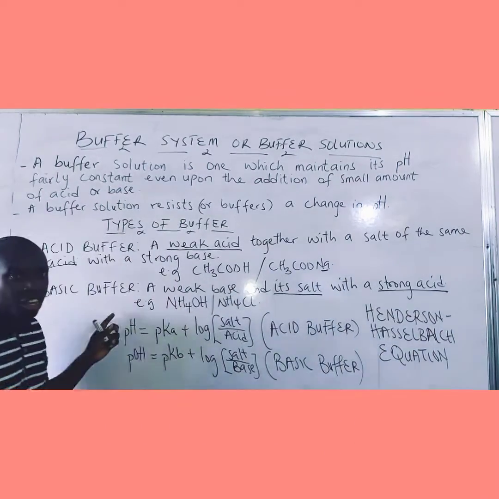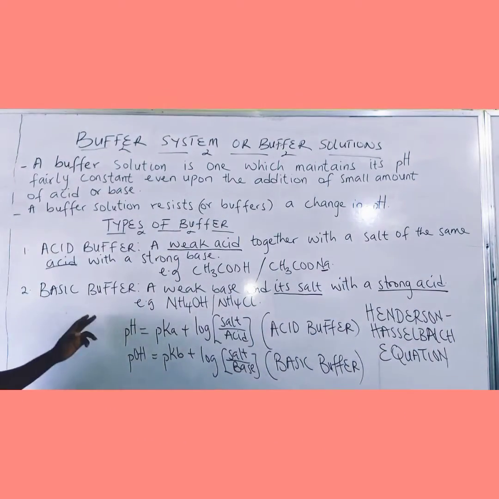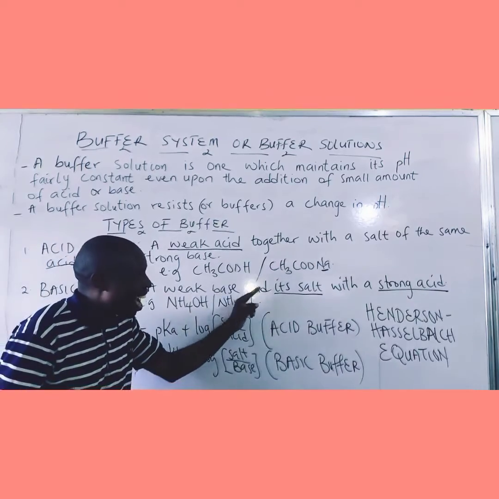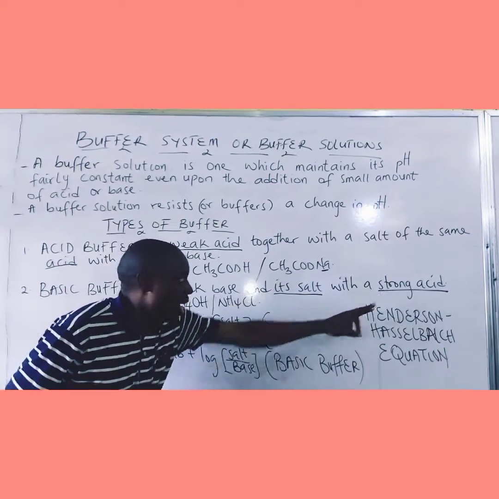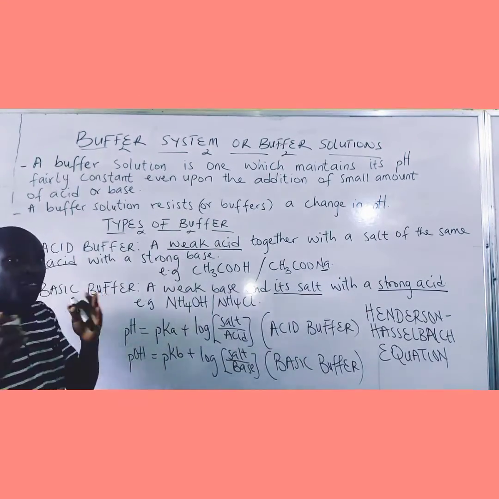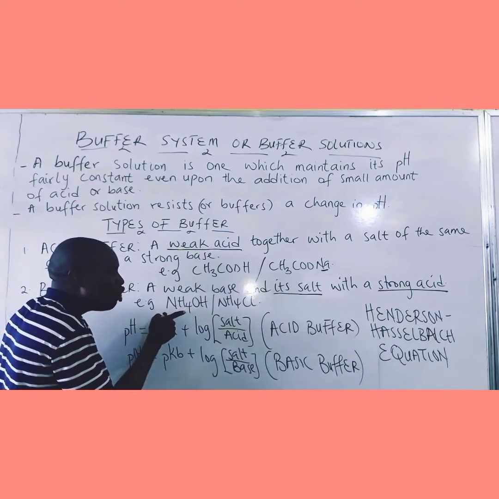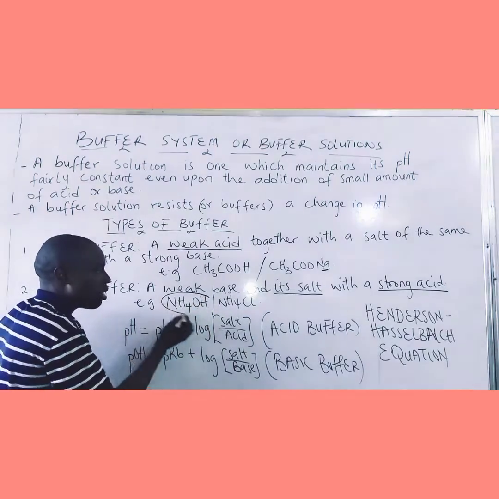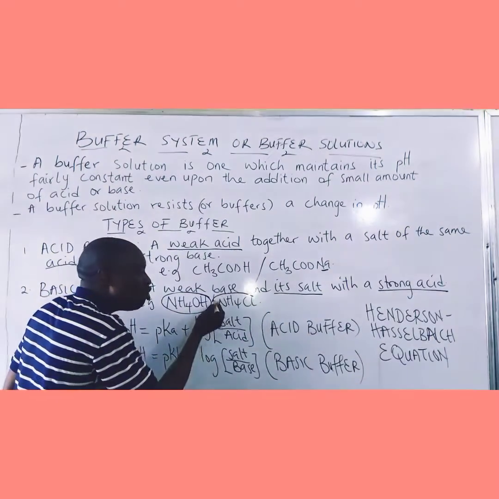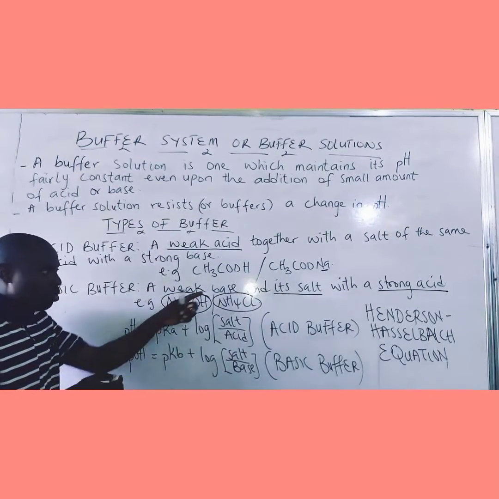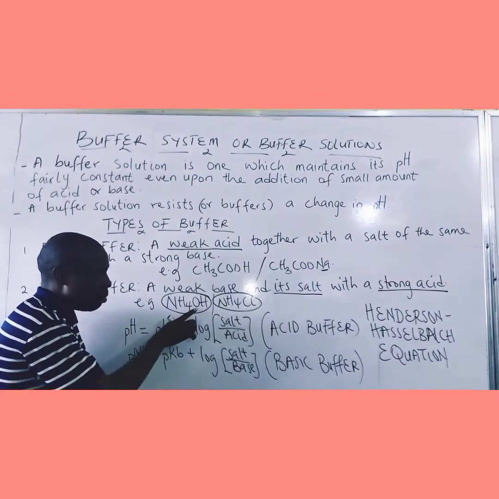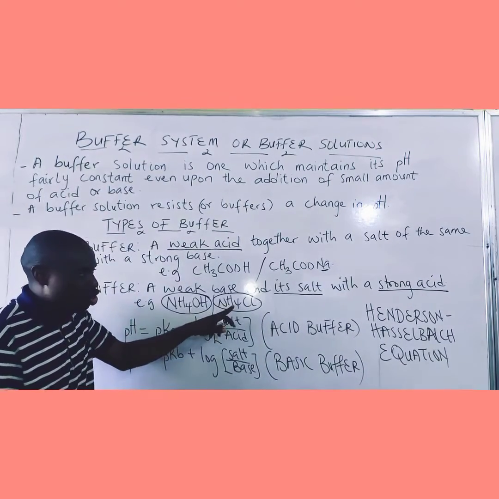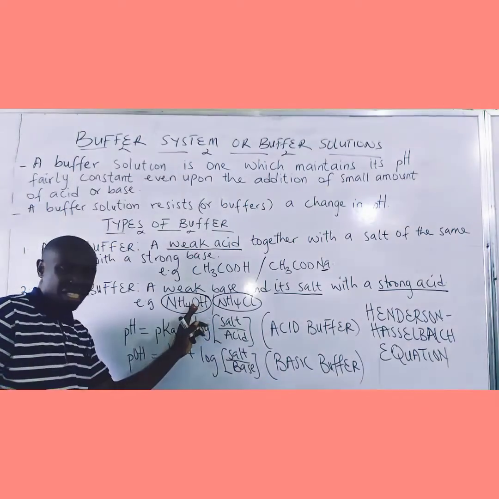You can see here, a basic buffer: a weak base and its salt with a strong acid. A very good example is ammonia solution with its salt, that is, ammonium hydroxide with ammonium chloride. You see the slash: this is the base, and this is the salt of the base.